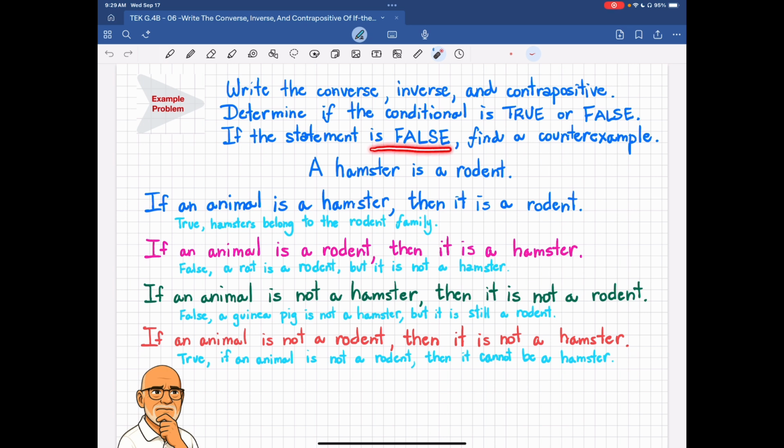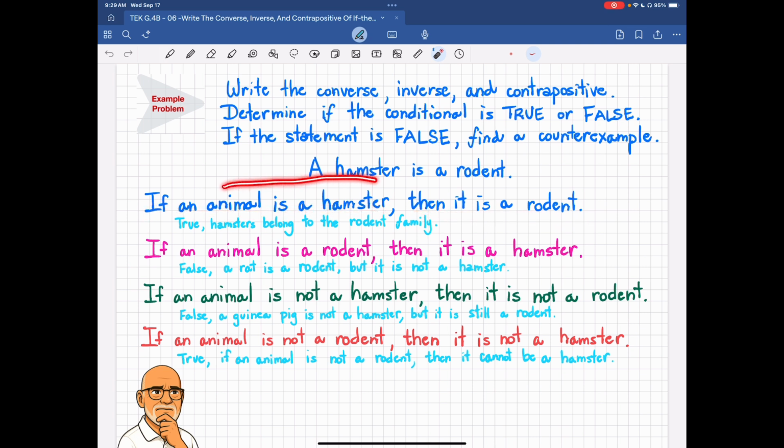Here's the statement. A hamster is a rodent. Then notice it's not in if-then form. So what I have to do is convert it to an if-then statement. So what I did was I said, if an animal is a hamster, then it is a rodent.